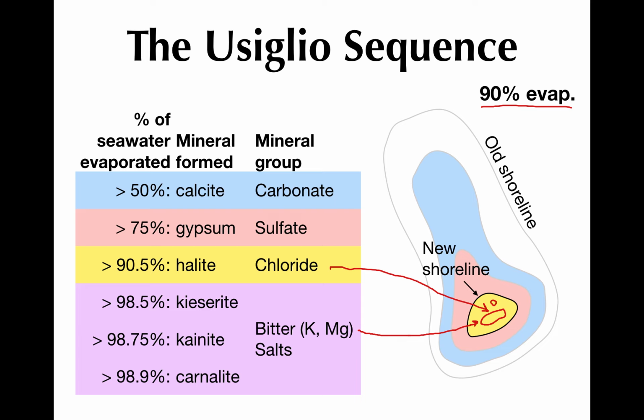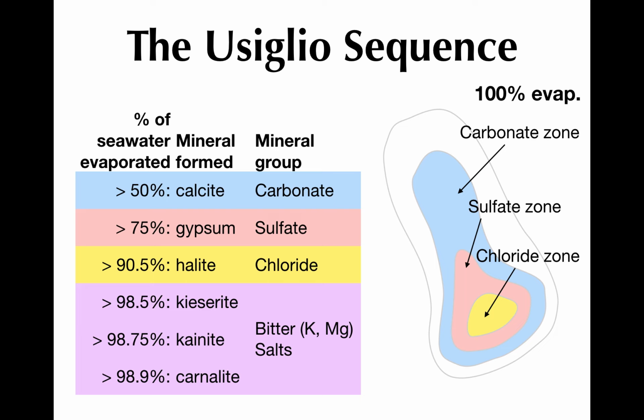Now, as a result of this, when you take an ideal lake filled with water that has approximately the chemistry of seawater, you'll end up precipitating out evaporite minerals in a series of concentric rings or zones.